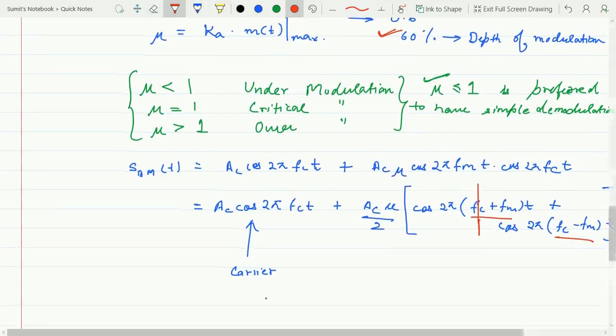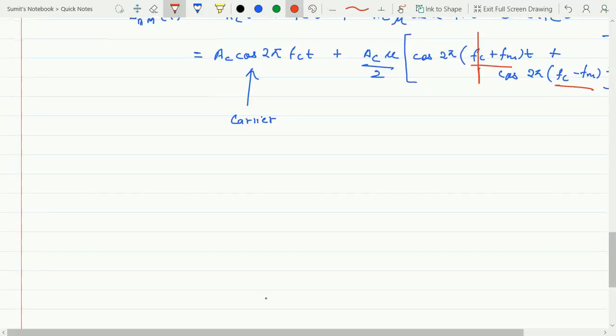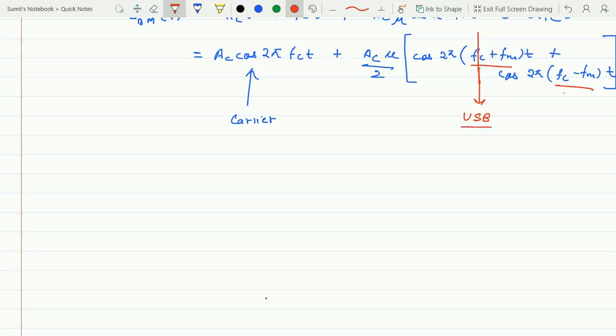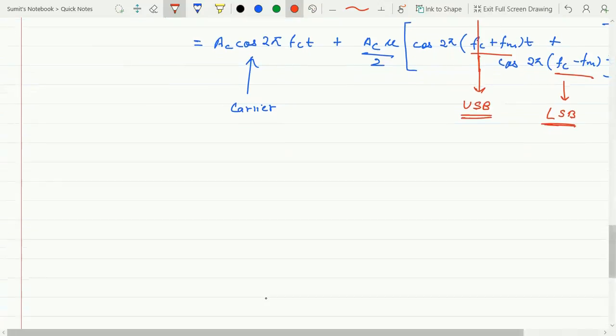Because this is higher than F_C, this part is called the upper sideband, or USB, and this part would lie before the carrier frequency F_C. So this part would be called the lower sideband. It becomes more clear when we draw the spectrum of the above mathematical expression.